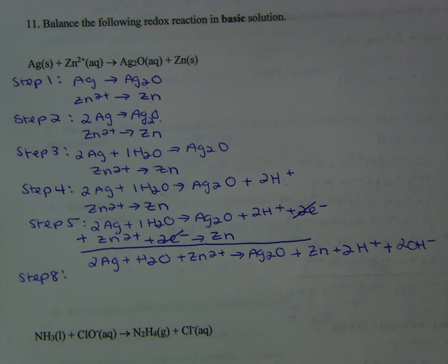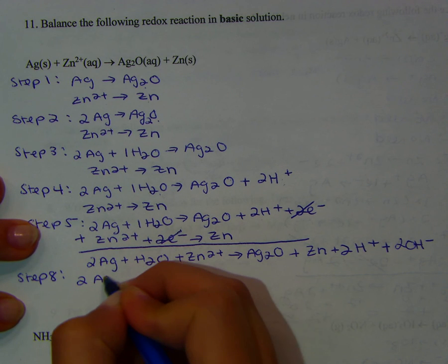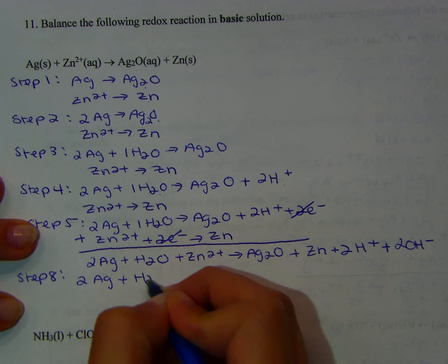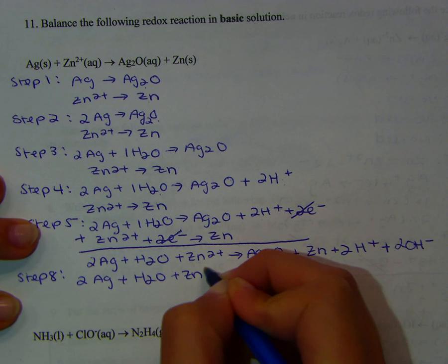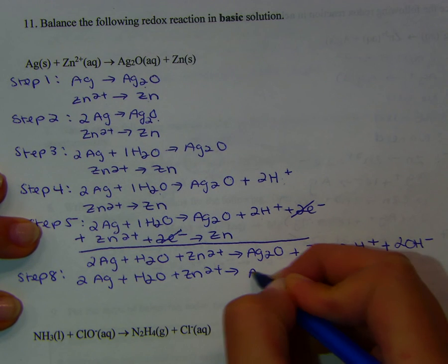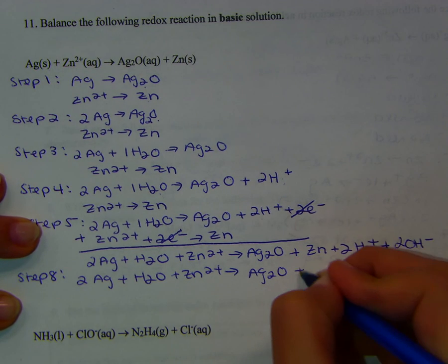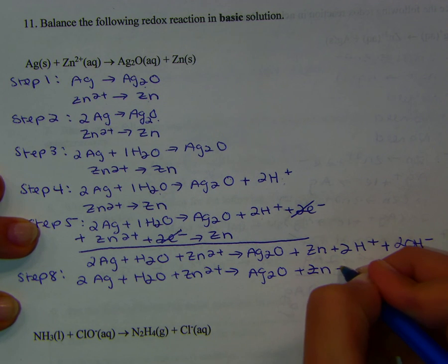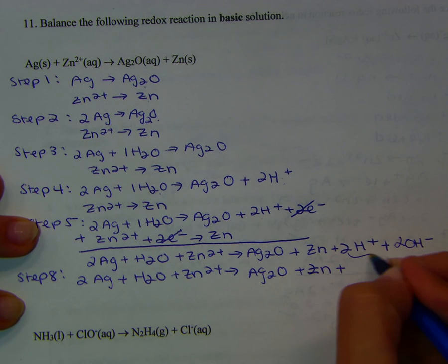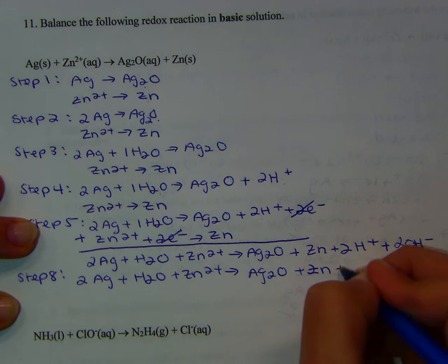and then I'm going to combine them into water. So I have 2 Ag plus H2O plus zinc 2 plus goes to silver oxide plus zinc plus, and then again, we combine these together to get 2 H2Os.